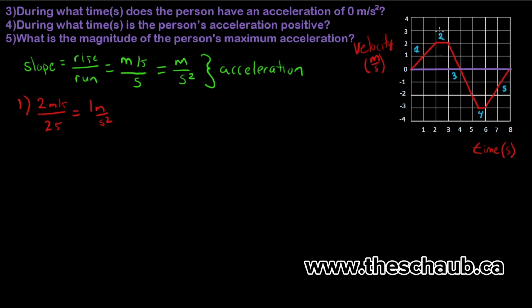In segment number 2 here, we have no rise because we maintain a velocity of 2 meters per second. So we have a rise of 0 meters per second. And we maintain this velocity of 2 meters per second for 1 second, between 2 and 3 seconds. 0 meters per second divided by 1 second gives us a slope of 0 meters per second squared, or no acceleration.